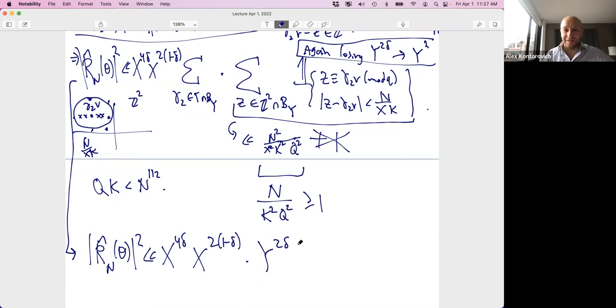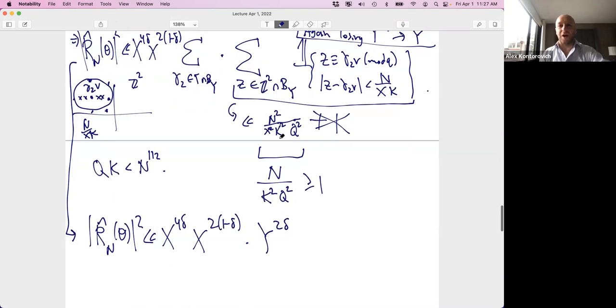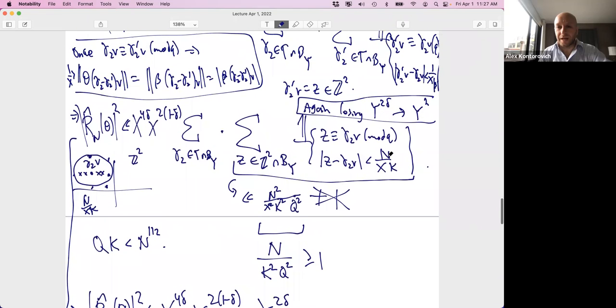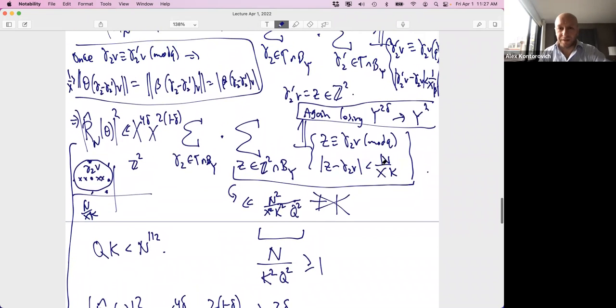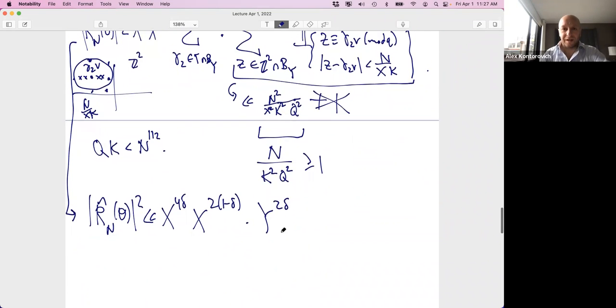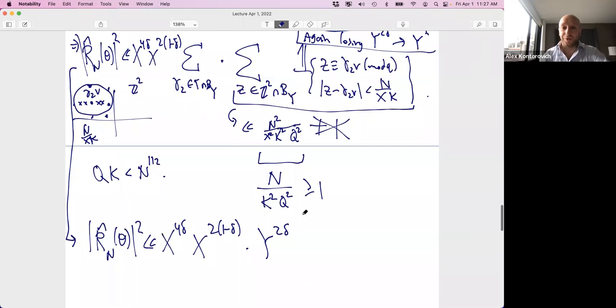Y to the 2 delta. And then there's this factor of, I'm sorry, yes, that's right. Is that right? Let's see. Yeah, that's okay. So there's an n. So there's a y to the 2 delta, and then there's an n, which I'll write as x times y over k squared q squared.